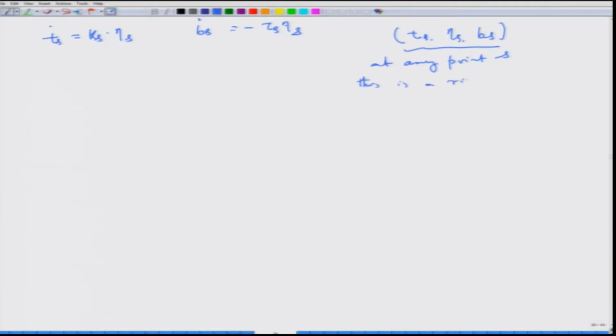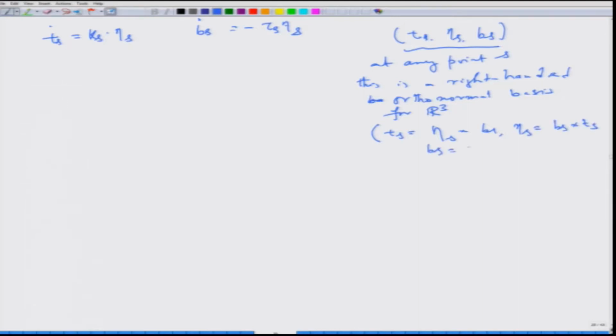This is a right handed orthonormal basis for R³, in the sense that T(s) is η(s) cross B(s), η(s) is B(s) cross T(s), B(s) is T(s) cross η(s), correct. And they are all orthonormal unit vectors.